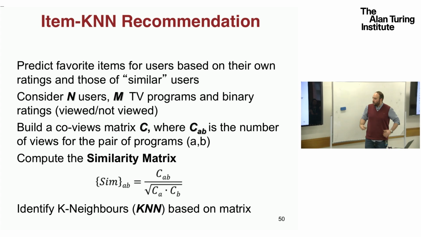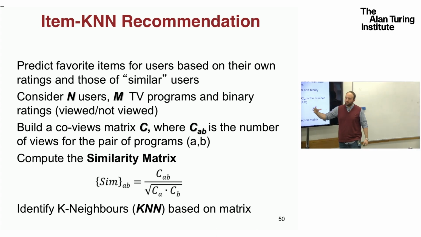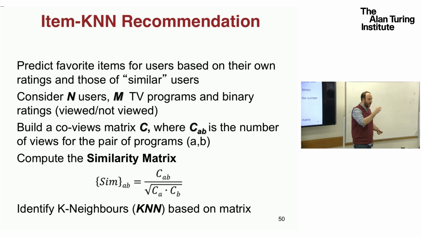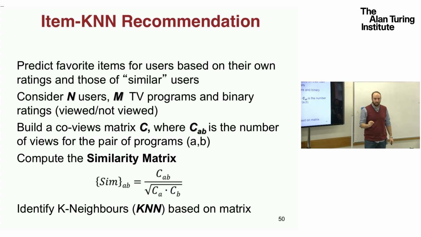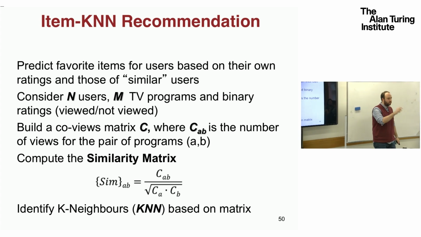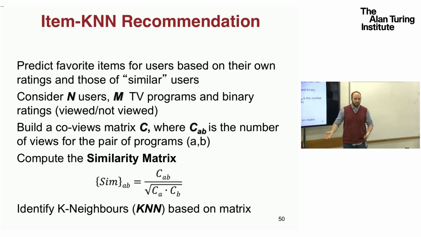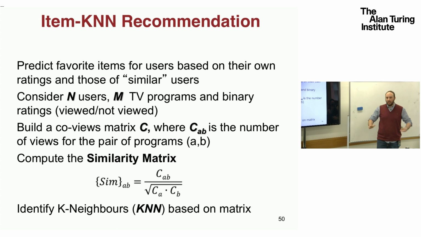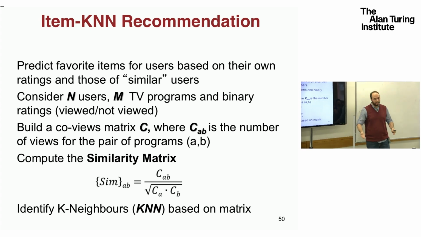Now, in order to do that, I need to build a matrix that tells me how many users have watched both program A and program B. How many users have watched both Doctor Who and Sherlock Holmes? In a non-private way, the provider, like the BBC, has a view on everything and can build this matrix independently, like Netflix does.